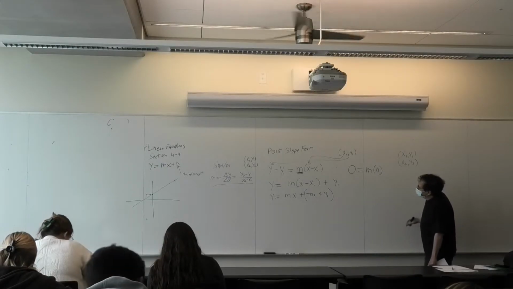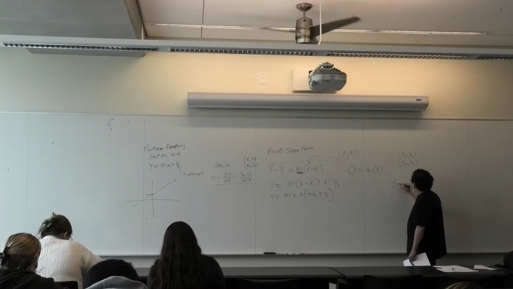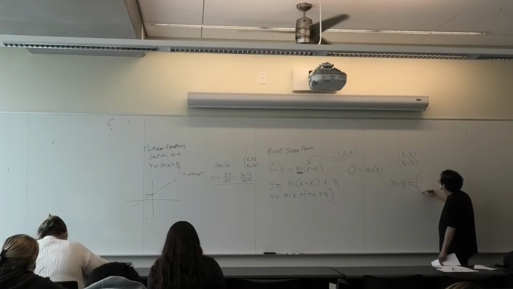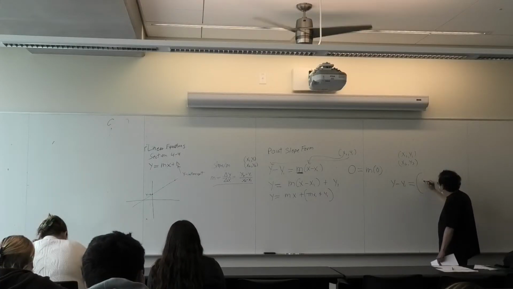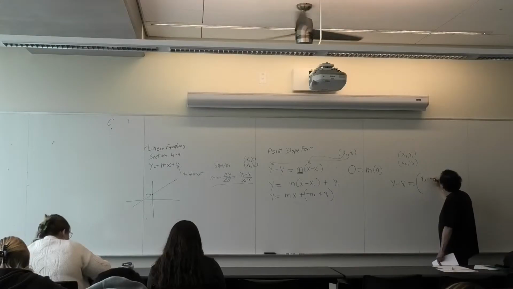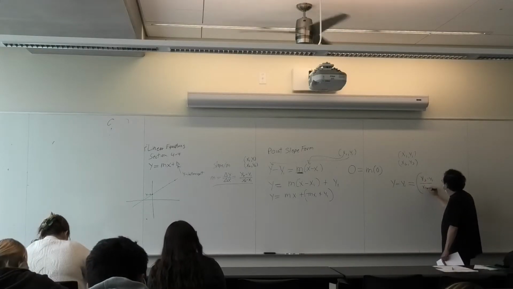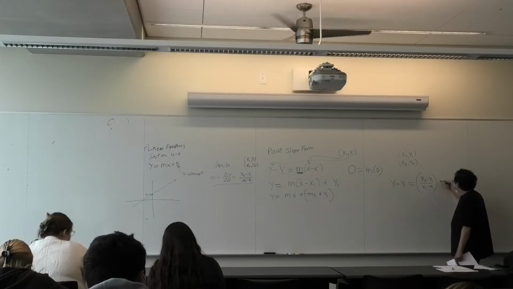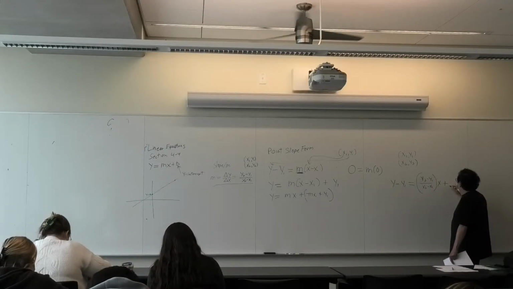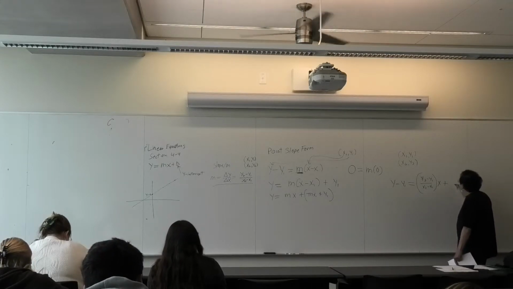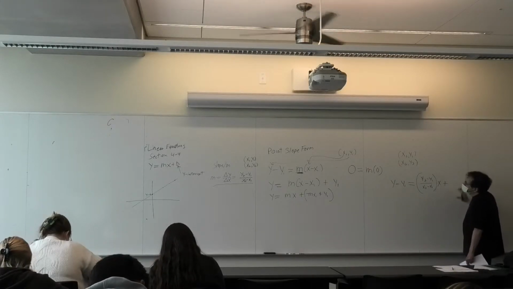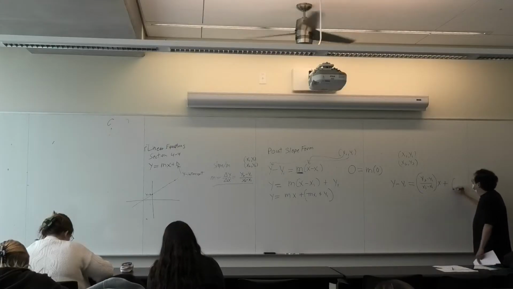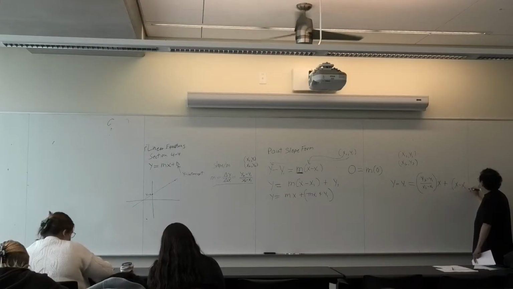And in that case, our equation becomes y minus y1 equals m, which I'm going to write as y2 minus y1 over x2 minus x1, delta y over delta x, times x minus x1.